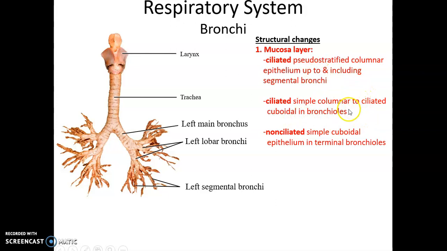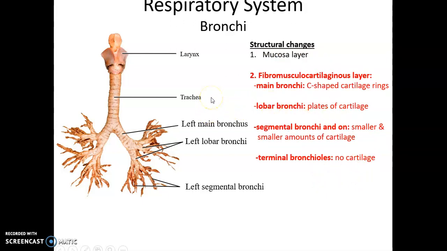So again, going from being columns to down to just cubes, and then eventually non-ciliated simple cuboidal epithelium in the terminal bronchioles. So eventually we get to the point where there's no cilia either.